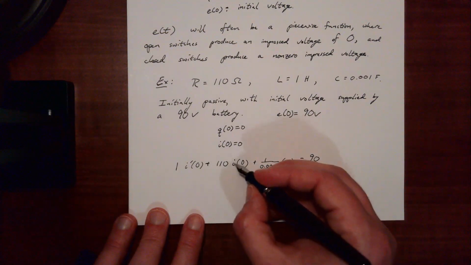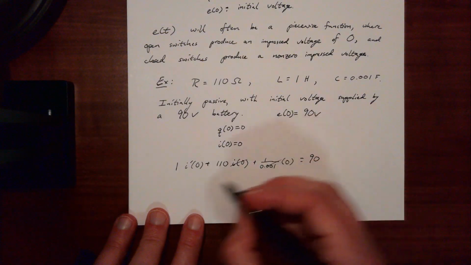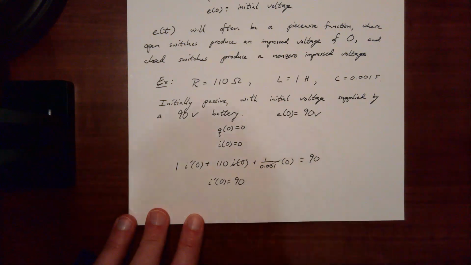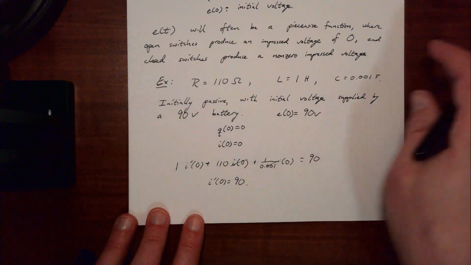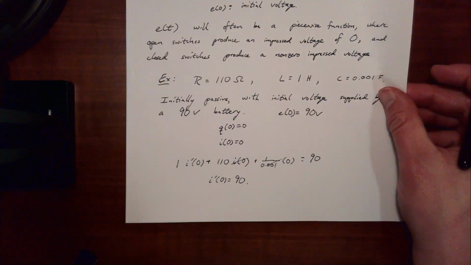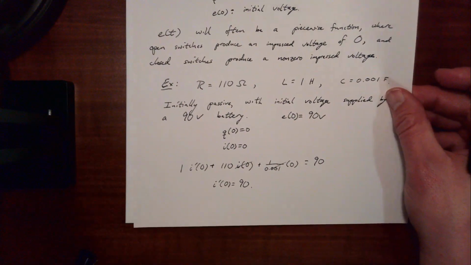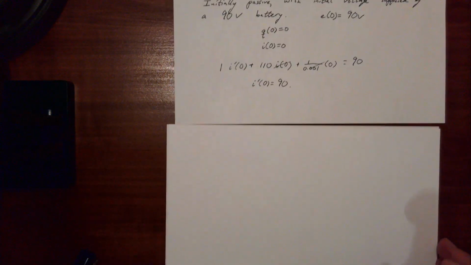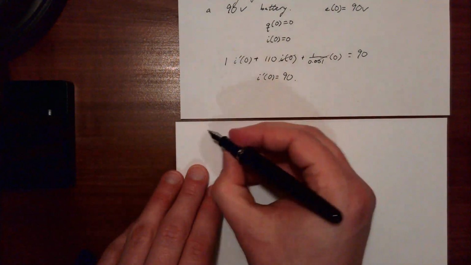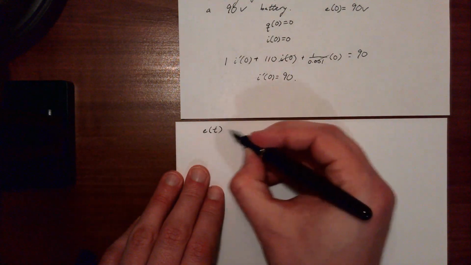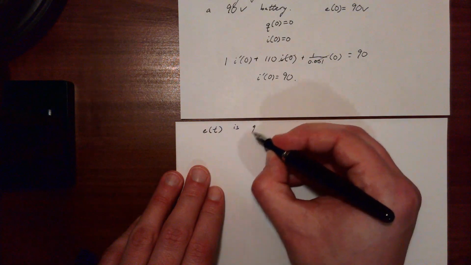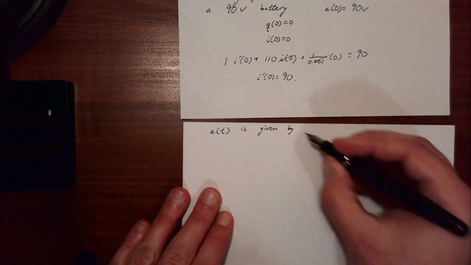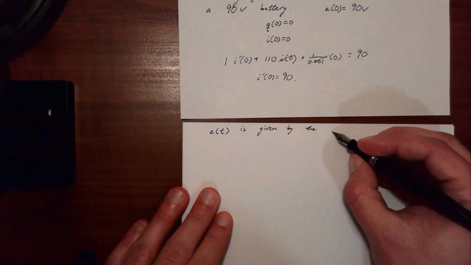Well, if this equals 0 and this equals 0, then that means I prime of 0 equals 90. All right, so that's how you typically will set these things up. And now, let's say that E of t is given by the following function.